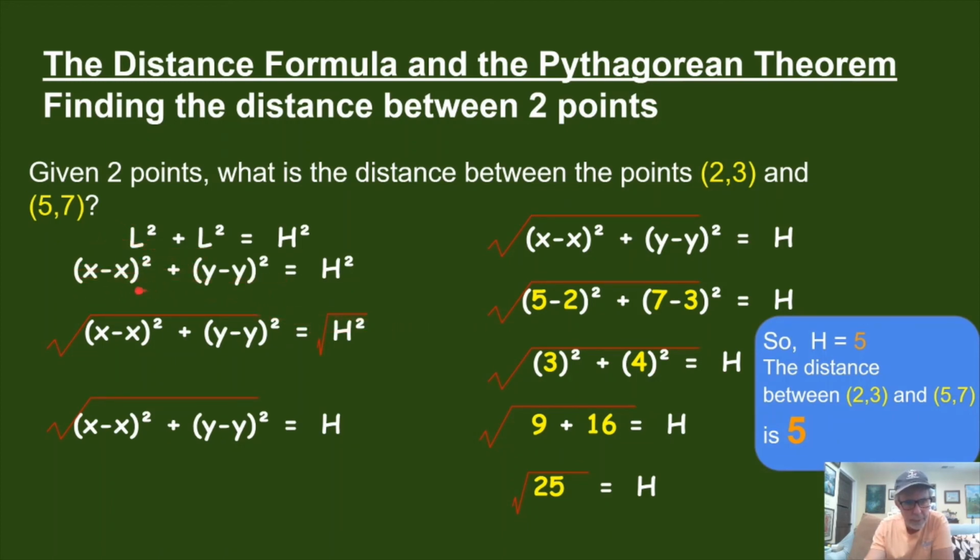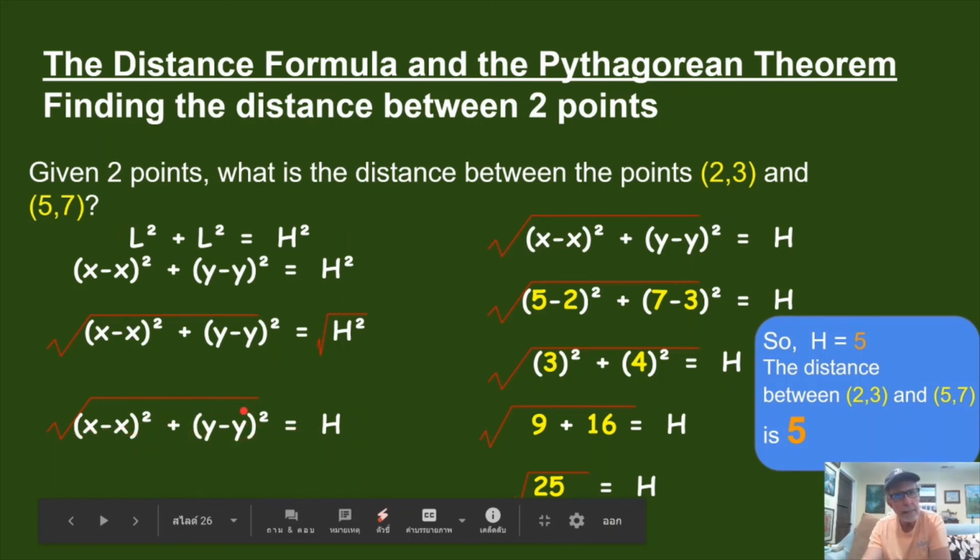So here's the Pythagorean theorem. Can we find this diagonal length, this hypotenuse, by finding the difference in the x and the y direction? And of course, we have to take the square root to find this diagonal length, because it's not the square that we want. So this right here, we could change that h to a d, and it'd be the distance formula.